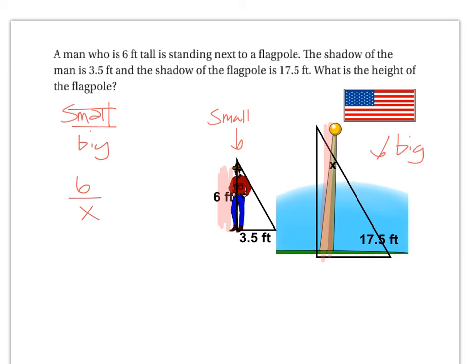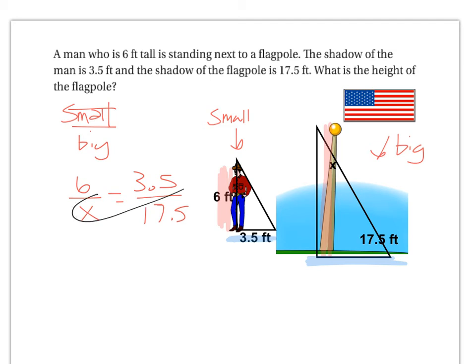And then we're going to set that equal to, on the other side, the bottom of the triangles, the bases, 3.5 and 17.5. Notice I always did small over big, and from here, class, we just cross multiply now.